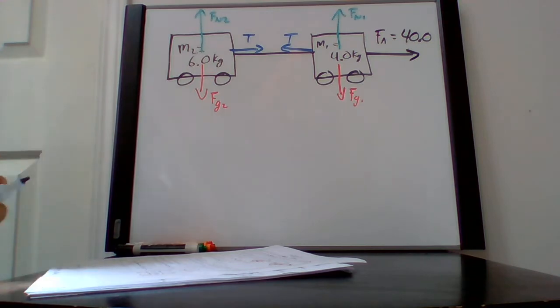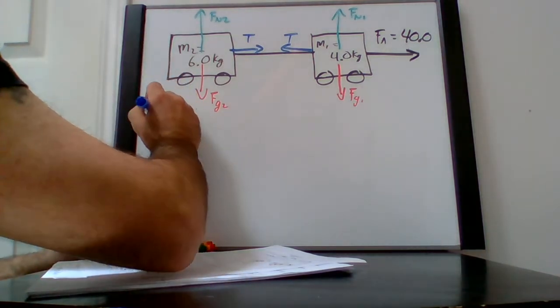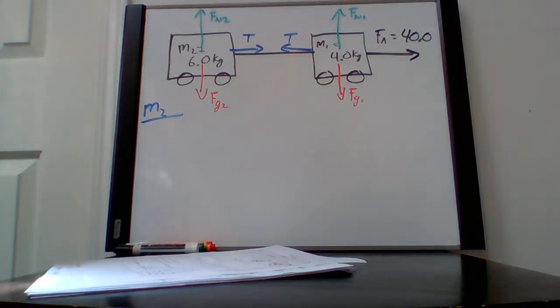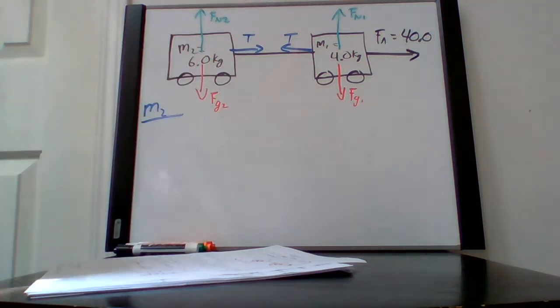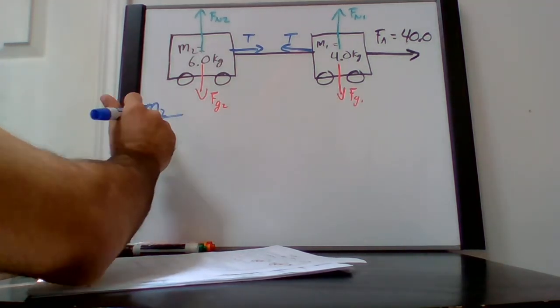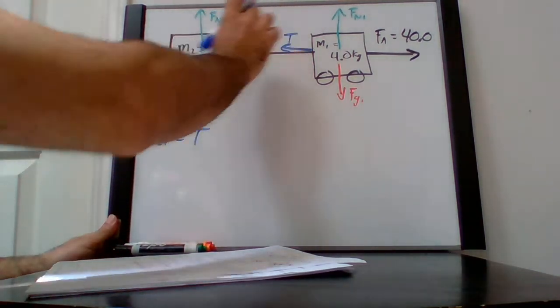Now we can do this in both ways. We can look at our M2 or our M1 situation. So let's look at this M2 situation. If we're looking at our F net here, the only force acting on this one is the tension pulling it away.